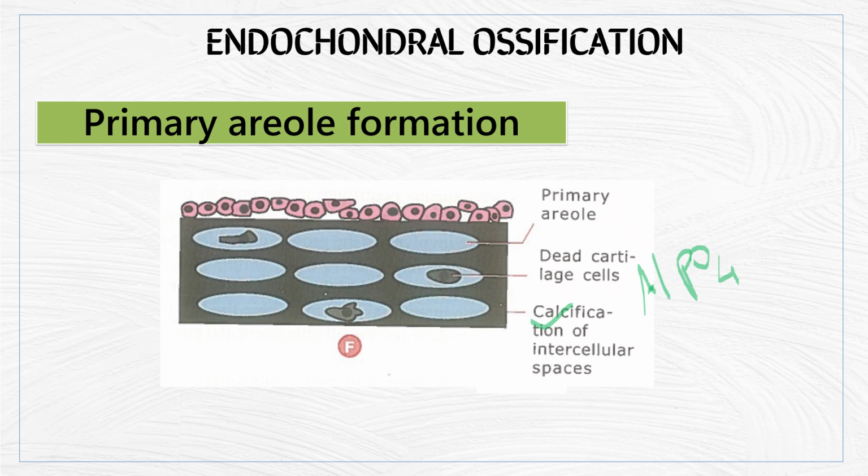Due to this calcification, the cartilage cells become empty and form a cavity-like space which is undernourished. That is called the primary areole. Primary areole formation gives an empty space because of the calcification of the intracellular matrix.